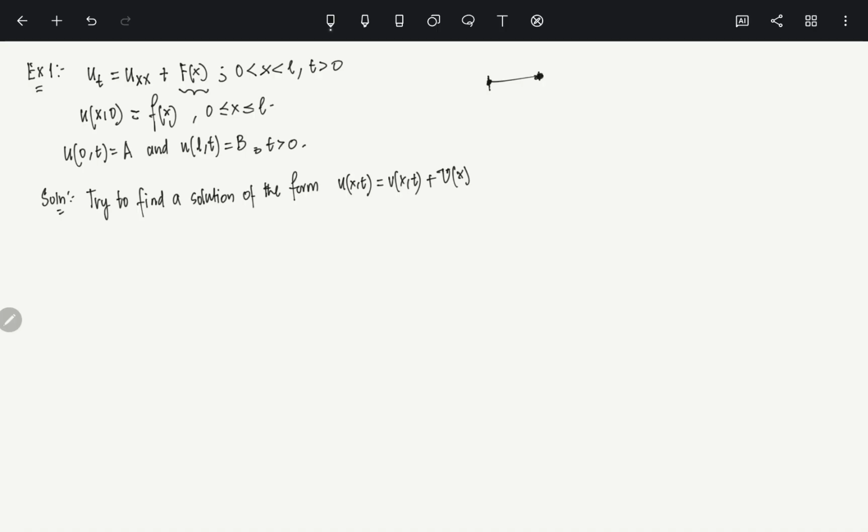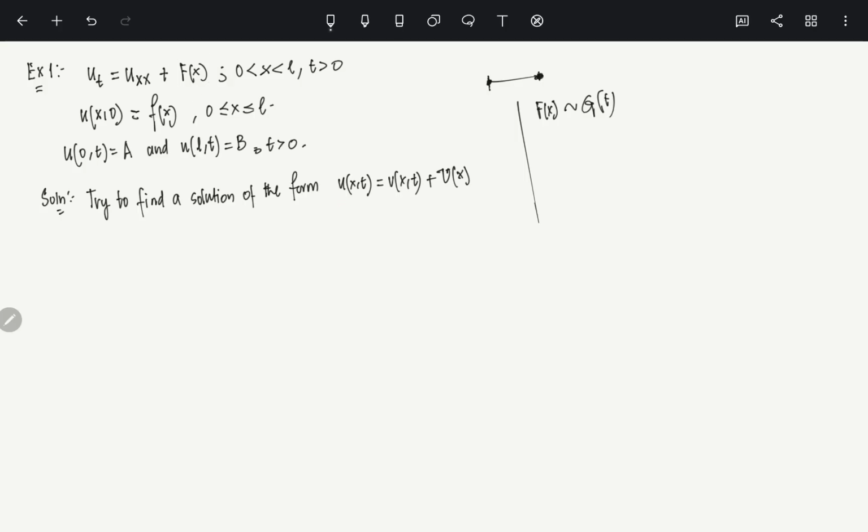Let's say if f of x is replaced by capital G of t, then you replace this thing with capital U of t. Is it okay? So essentially in this case, capital U of x will become capital U of t, and then you can do the exact same thing. So this method which I am showing you only works when the non-homogeneous part, this is called the source term, is either a function of x or a function of t. Is it okay? Right.